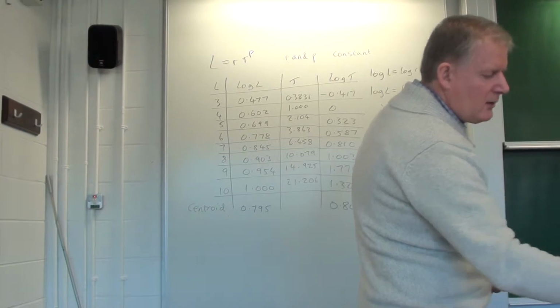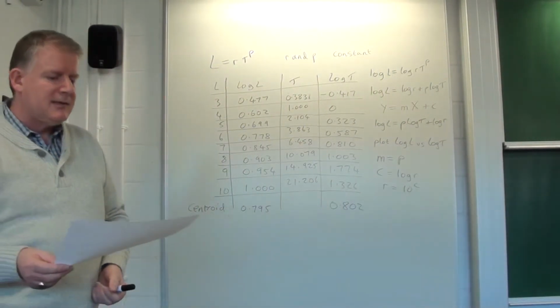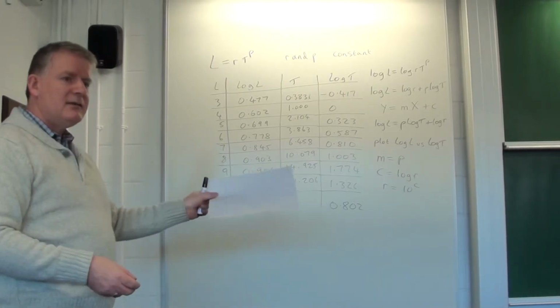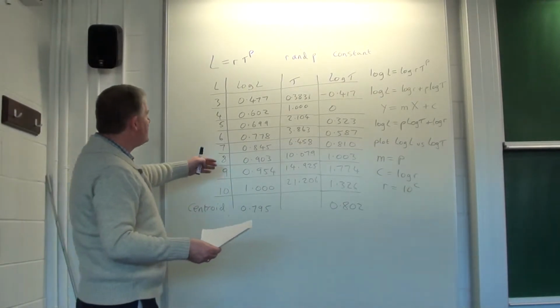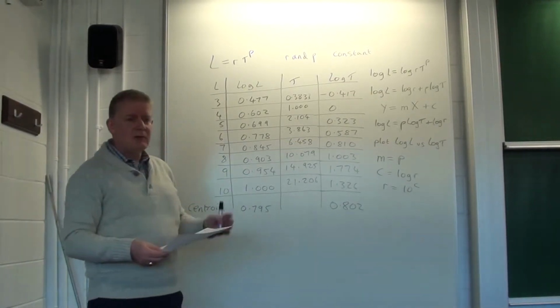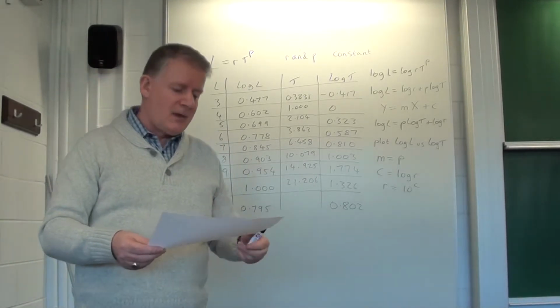Now, guys, you have to remember that your graph, whenever we would look at it, and I actually did do it earlier, the log L values are all positive, so you don't have to worry about anything below the horizontal axis.